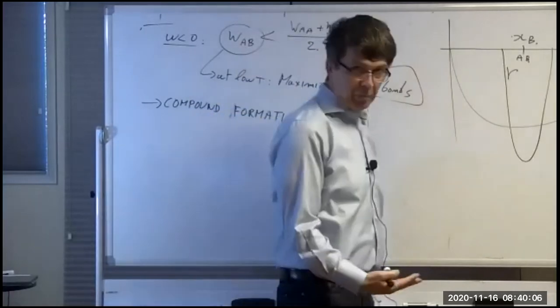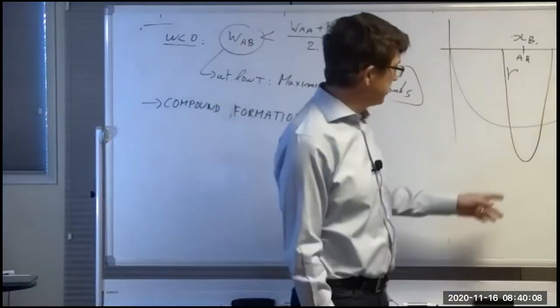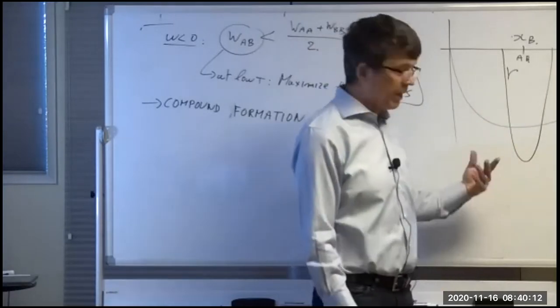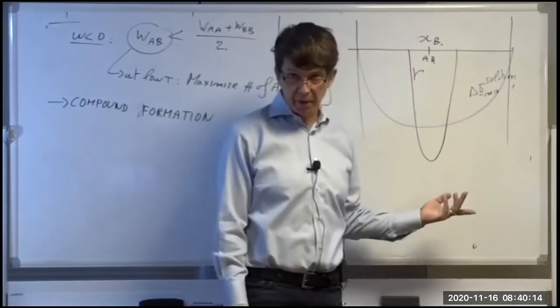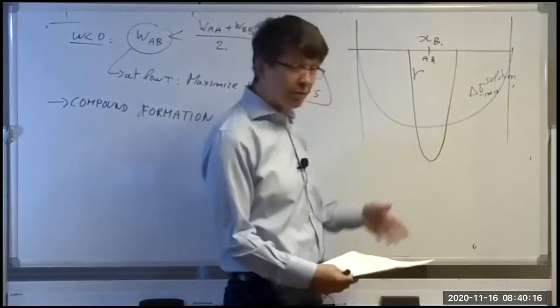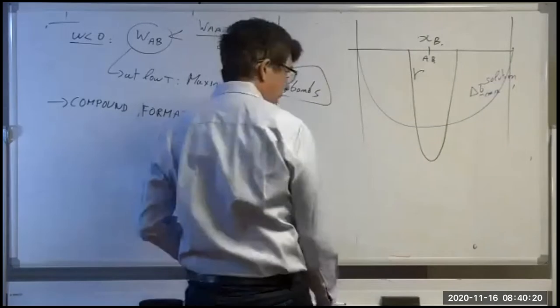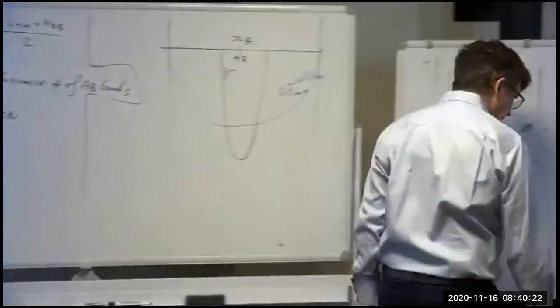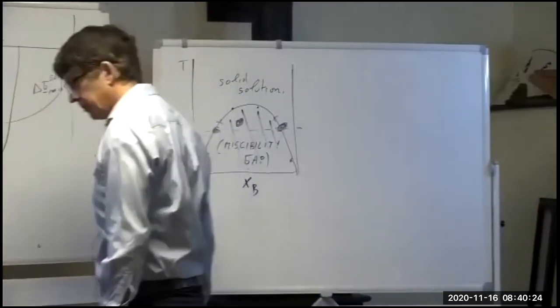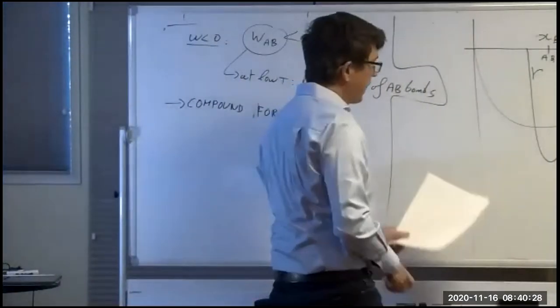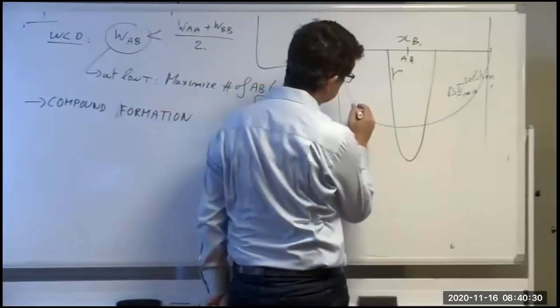I've drawn this in a particular way, and sometimes I get questions, why do I draw this steeper for a compound? The reason is that in a compound, often going off stoichiometry comes at a high energy cost. So that's why the free energy curve often has a much steeper shape. So how would a phase diagram of this look? So again, you can draw a common tangent, right?